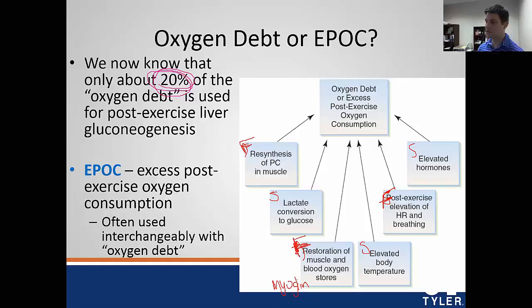Right, so what's happening in our slow phase is, one, we're converting lactate into glucose via gluconeogenesis to help restore those in the liver, also happening a little bit in muscle. A couple of the other big players in EPOC is we have elevated hormones.